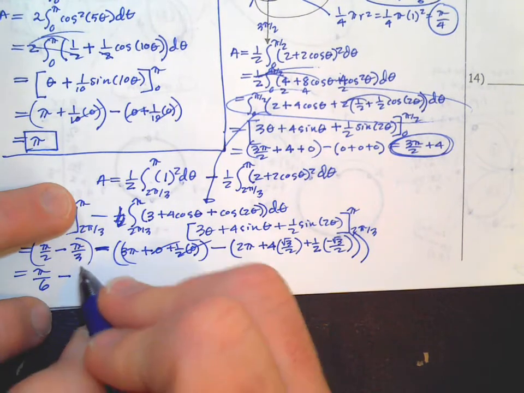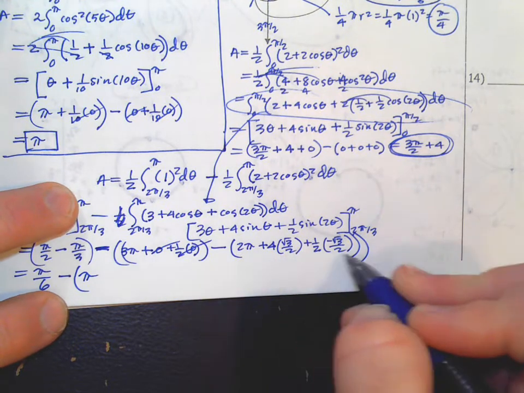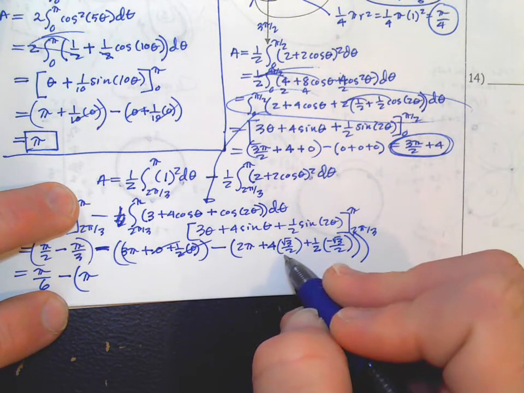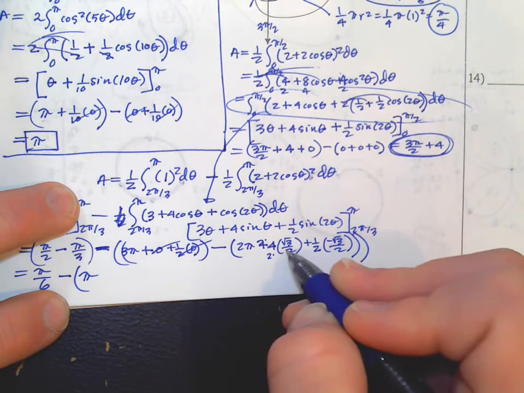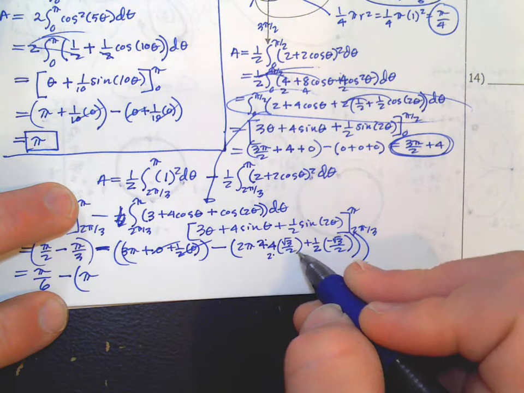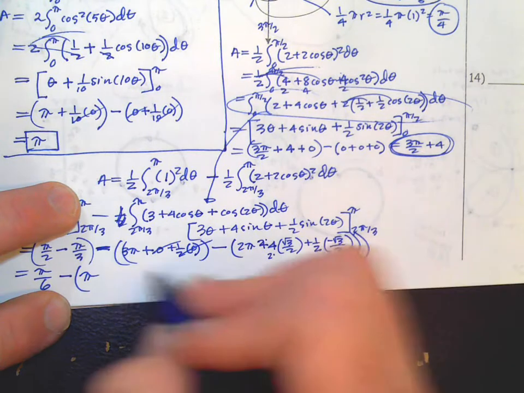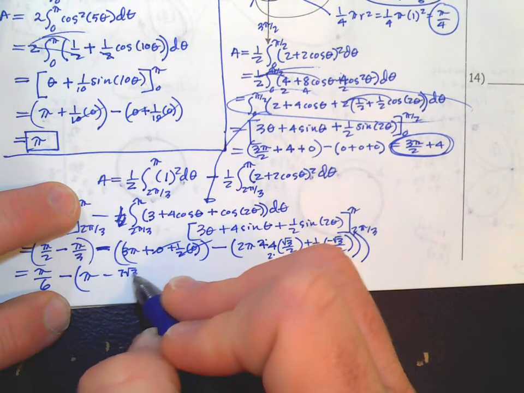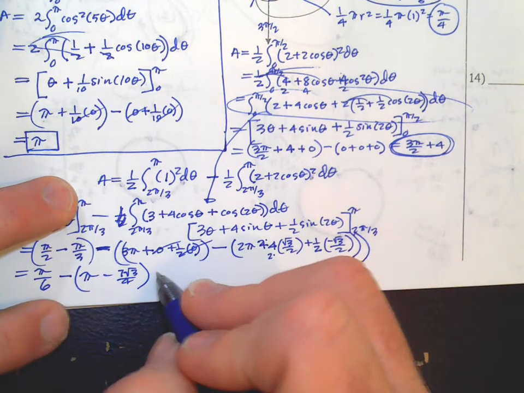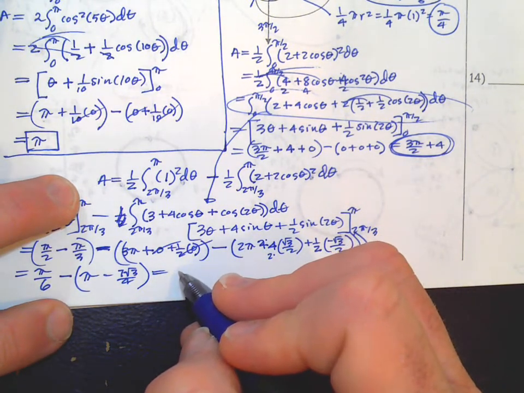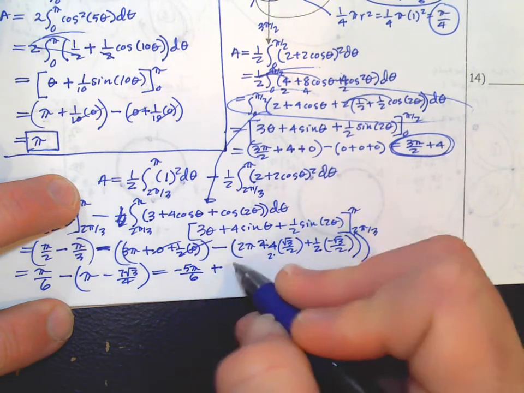So minus, this is going to be pi, and this is going to be, let's see, maybe we give these guys the least common denominator. So this is going to be 8 root 3 over 4 minus root 3 over 4 is 7 root 3 over 4. 8 root 3 minus root 3, right? And so it's going to be negative 5 pi over 6 plus 7 root 3 over 4.